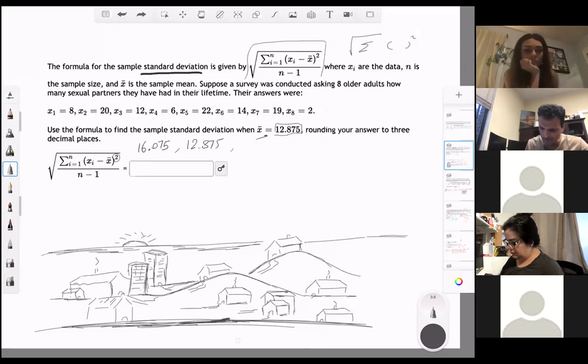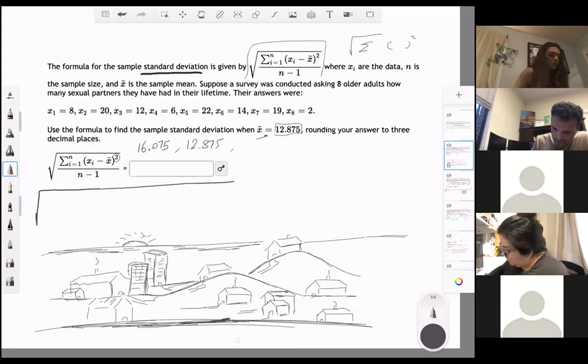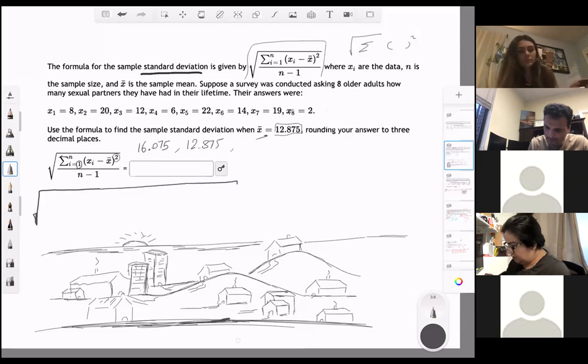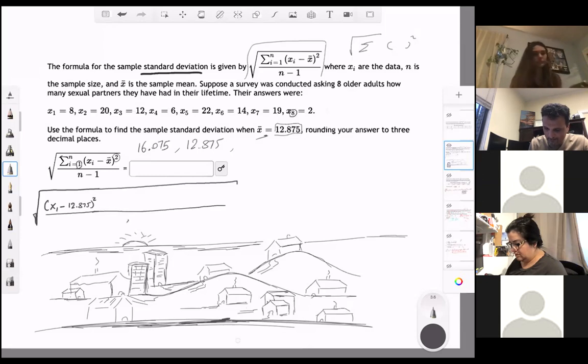But the way I'm going to solve it, I'm going to say, great. So we have a radical, and inside the radical we have a summation from 1 to 8 of x1 minus 12.875 squared, and everything should be divided by 8 minus 1.